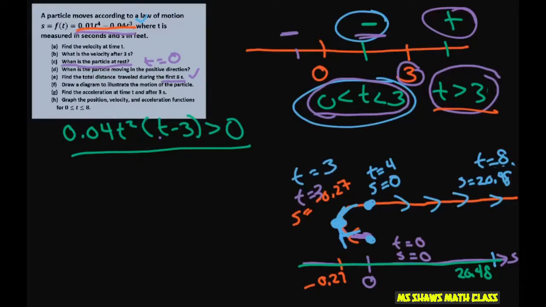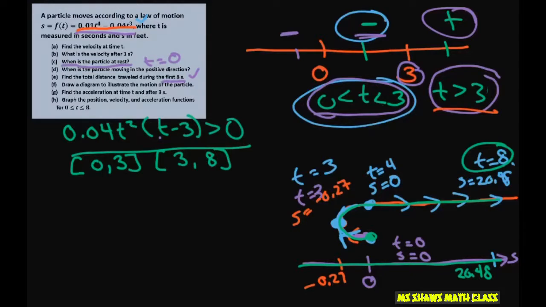All right. Now, I want to do the distance. So we're trying to do the distance traveled from here to here at t equals 8. So we want the intervals 0 to 3 and 3 to 8.